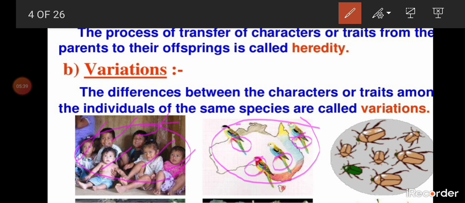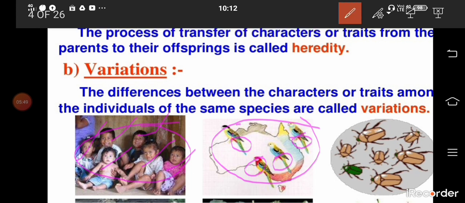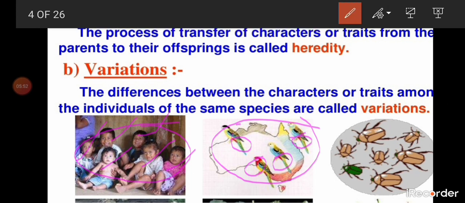Or slight changes we can see in their body structures or behavior. It is called variation. And one more thing to remember, there is no change in their body structure. All human beings possess the same body structure, 2 eyes, 1 nose, 1 mouth. Even in the insect, the ladybug, they all possess the same body structure.